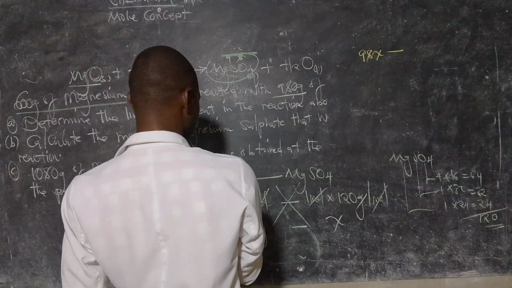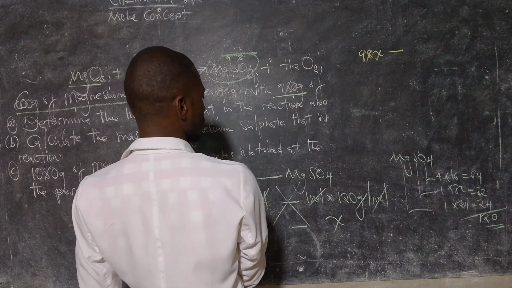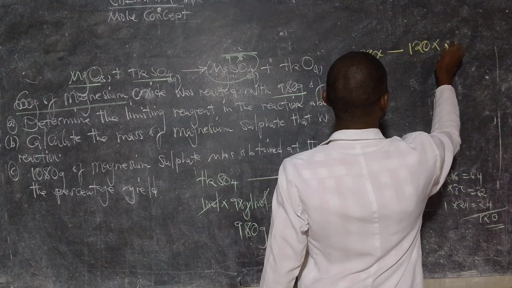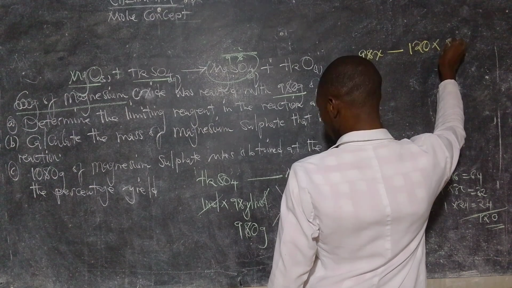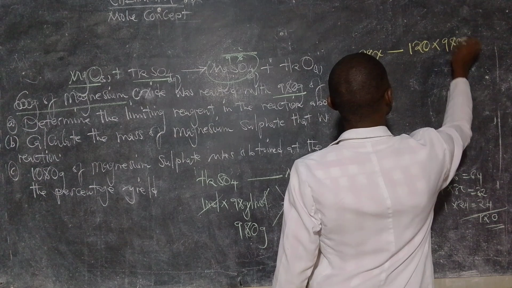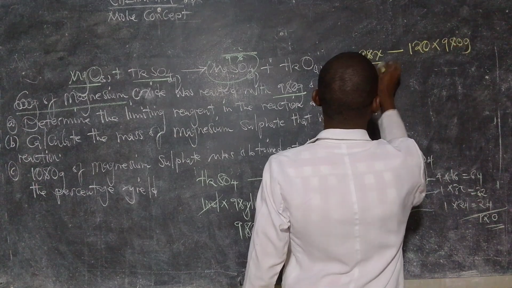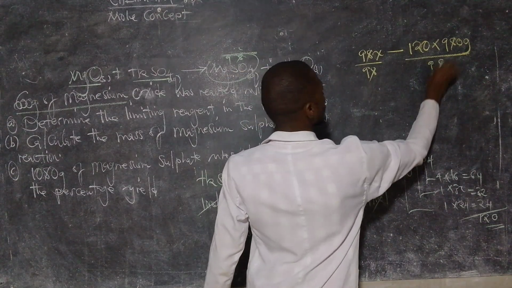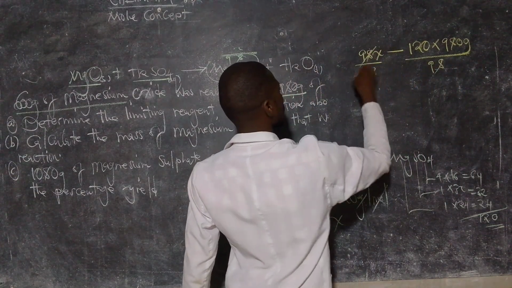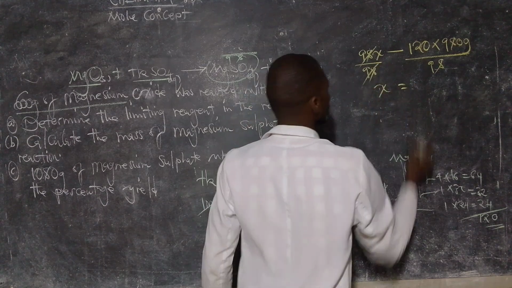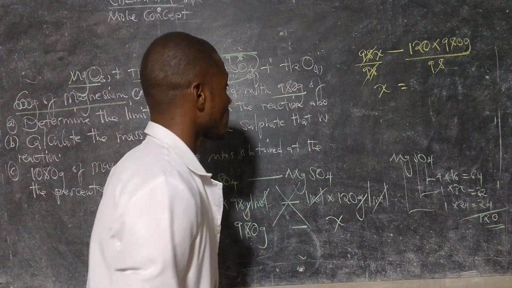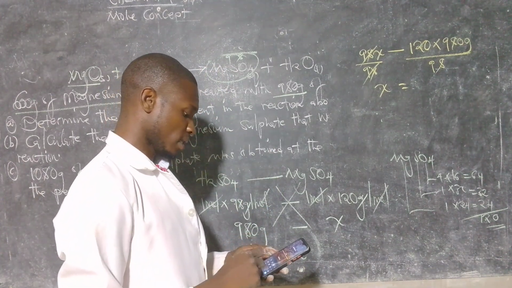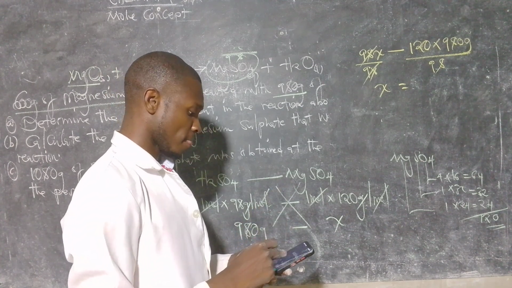Then 980 grams multiplied by 120. So we divide by 98, also divide by 98, and we're going to cancel these. So X is equal to, now we can calculate. Remember, we only have 1 unit there, so it should automatically give us the units for our answer.